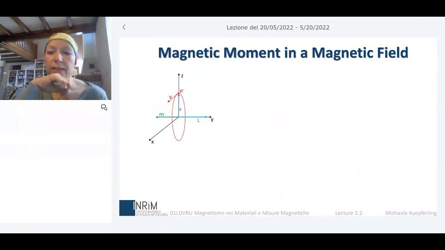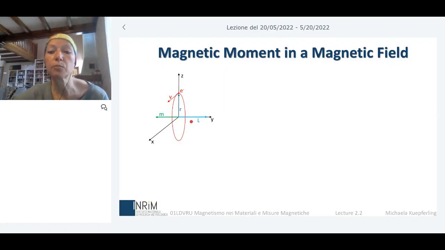Okay, now let's see a little bit what happens to our magnetic moment when we bring it in a magnetic field, because this is what we wanted to describe. We wanted to know what happens to our magnetic material when we bring it in a magnetic field. So let's consider that we have these elementary ring currents of Ampère, an electron moving here in the XZ plane.